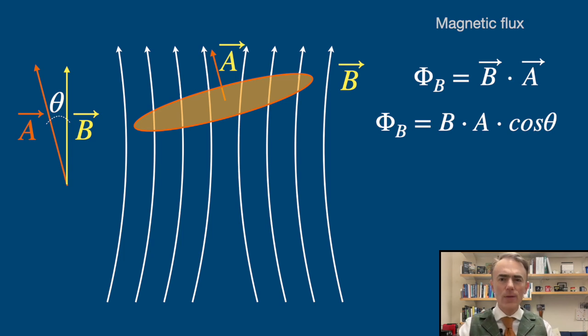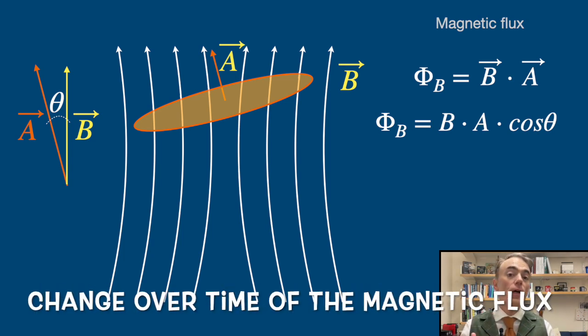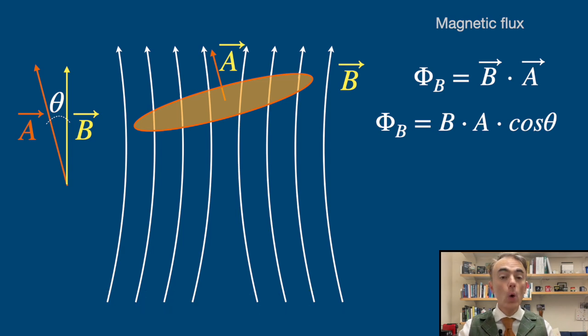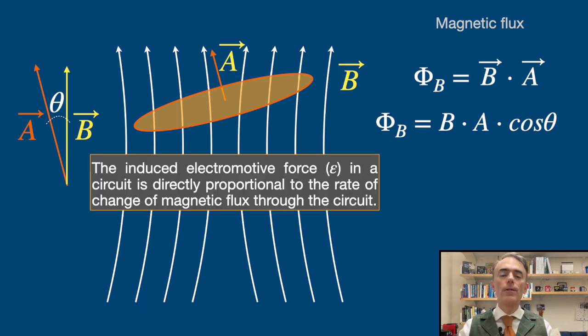Faraday realized that when the magnetic flux across a surface area defined by a ring of conductor changes over time, something remarkable happens. An induced electric current appears in the conductor. Faraday's law states that the induced electromotive force in a circuit is directly proportional to the rate of change of magnetic flux through the circuit.